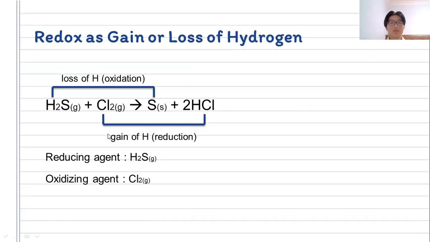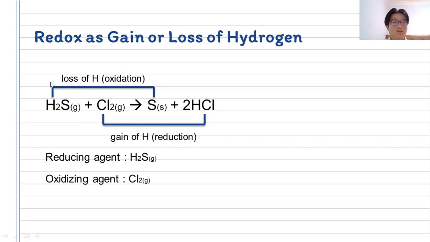Now, for example, redox as gain or loss of hydrogen: we have hydrogen sulfide plus chlorine gas equals sulfur plus hydrochloric acid, right? So you can see that hydrogen sulfide turns into only sulfur. This is the loss of hydrogen in this chemical reaction.